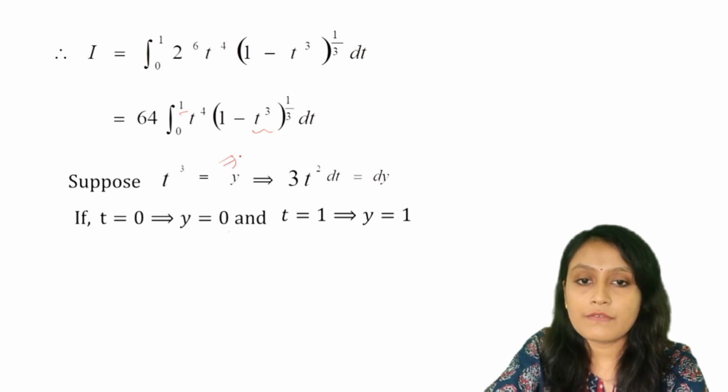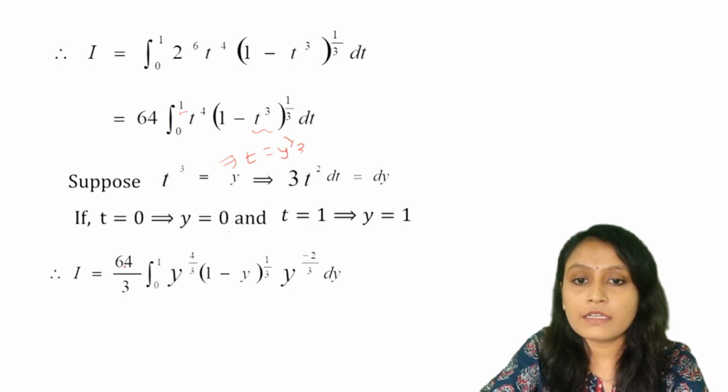Now from this we will write t is equal to y^(1/3). So here you will get 64/3, bring this 3 over here, and the integration from 0 to 1. In place of t, write y^(1/3). So you will get y^(4/3), (1 - y)^(1/3) into y^(-2/3) dy.